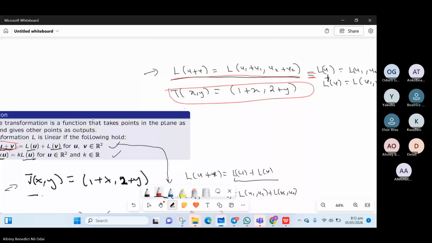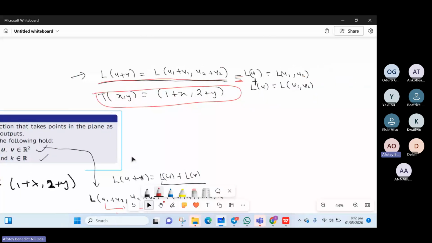Right? Now, how should I say this? You have to make the substitution, so now all this is your x. As I was saying, all this here is your x, and all this here is your y. So whenever you see x, you put in this. Whenever you see y, you put in this also. Similar also for this one. So this also becomes your x, this also becomes your y.